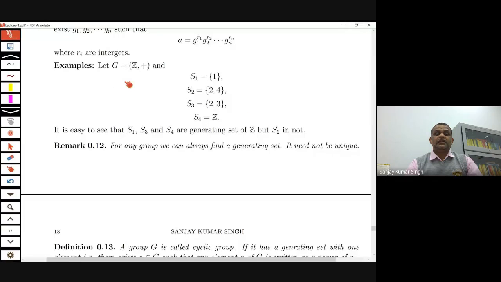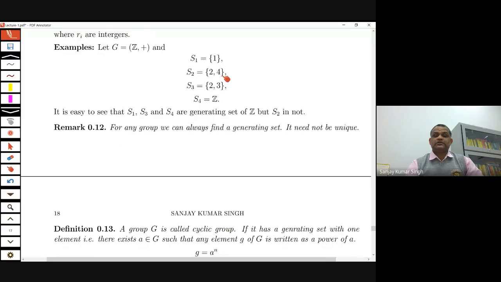Similarly, for example, if your set S1 is {1} and the group is Z, then all elements of Z are generated by the set {1}. Why? Because if you take any element n, I can take 1 and add it n times, so I can get all of Z. Since S1 is generating G, we can similarly check S2, S3, and S4.